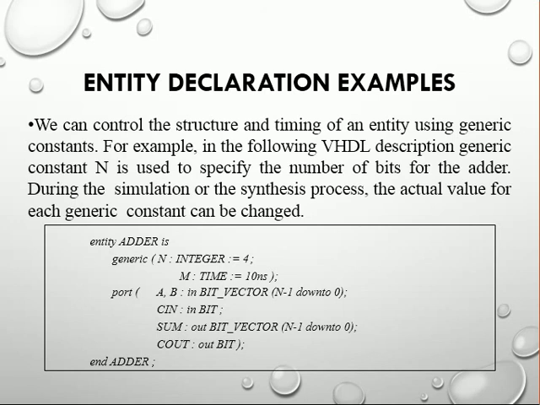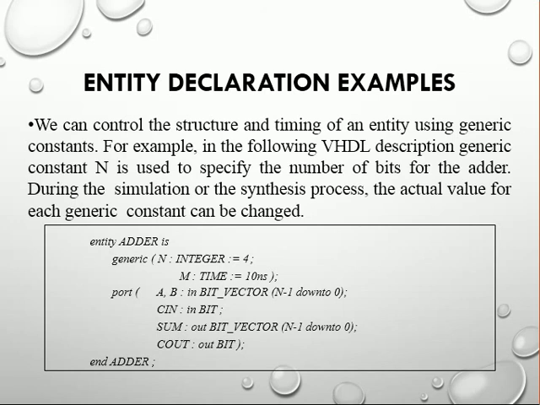Now these are 4 bits, so these inputs are vector type, not just a bit but a bit vector, and that is why it is specified as bit underscore vector. And then in the bracket it is from n minus 1 down to 0, because we have the 4-bit adder.